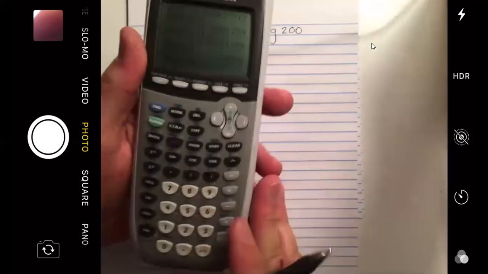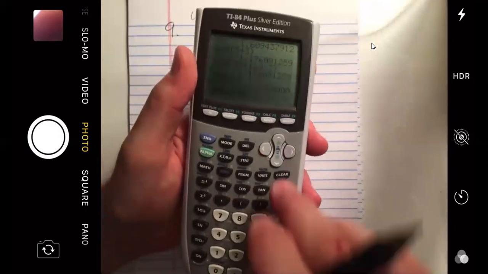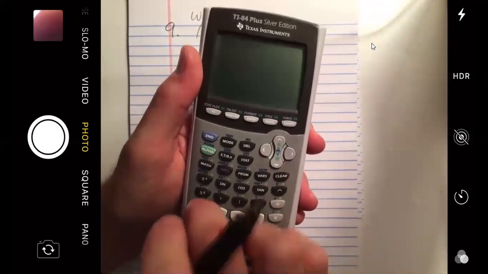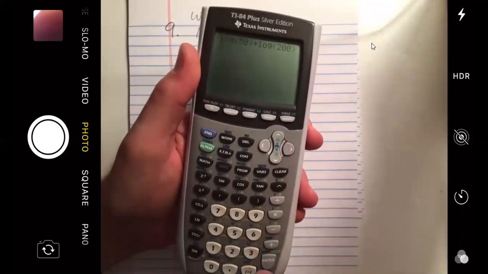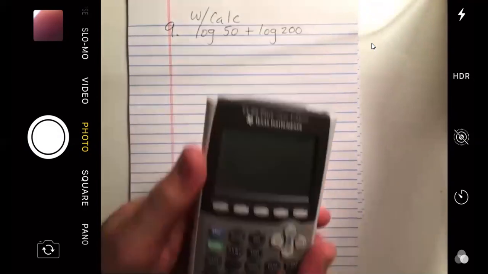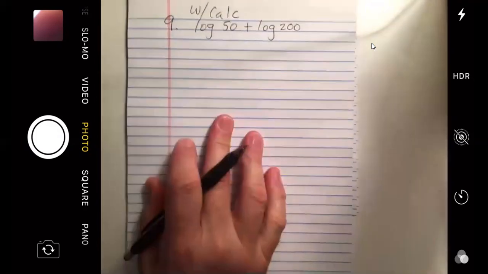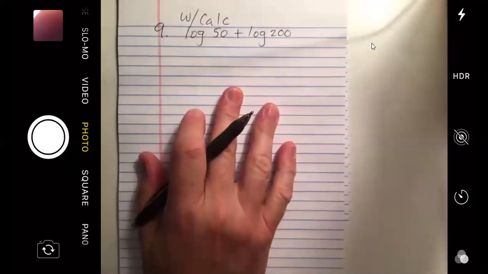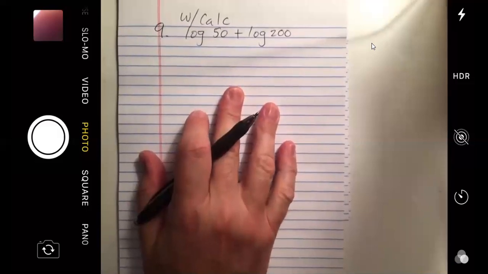Literally, I could punch log 50, add log 200. If I don't get 4, I'll quit on the spot. There they are. Okay, they want you to work them out by hand though. That's their directions. Let me do one that would bring in the change of base.